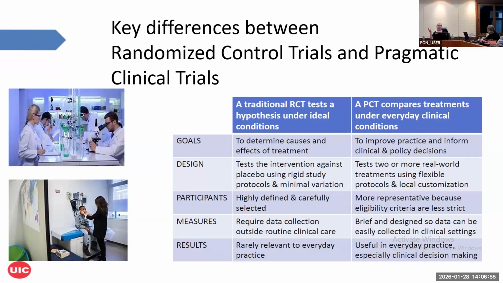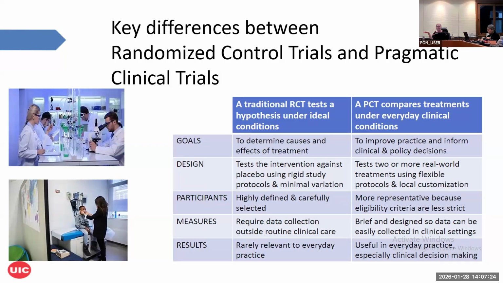Again, exactly what we normally see in the clinical situation. Okay? The participants for a randomized clinical trial are highly defined and carefully selected. We have our inclusion criteria, we have our exclusion criteria, and we follow that. That's a randomized clinical trial.